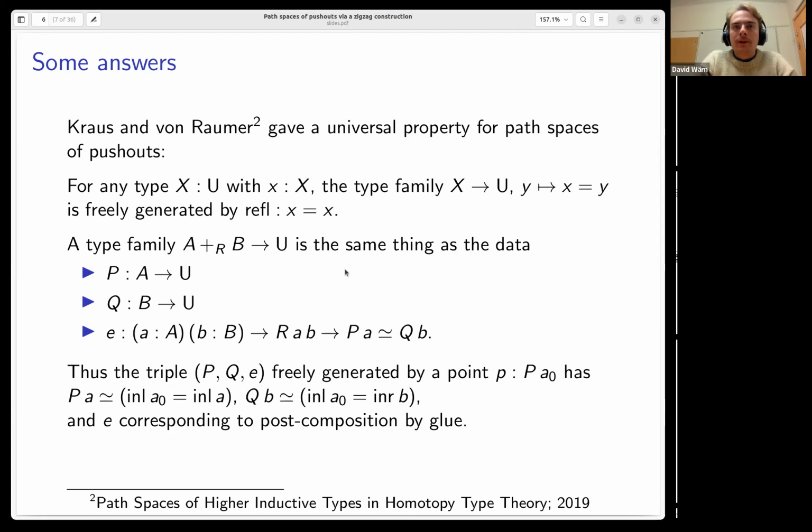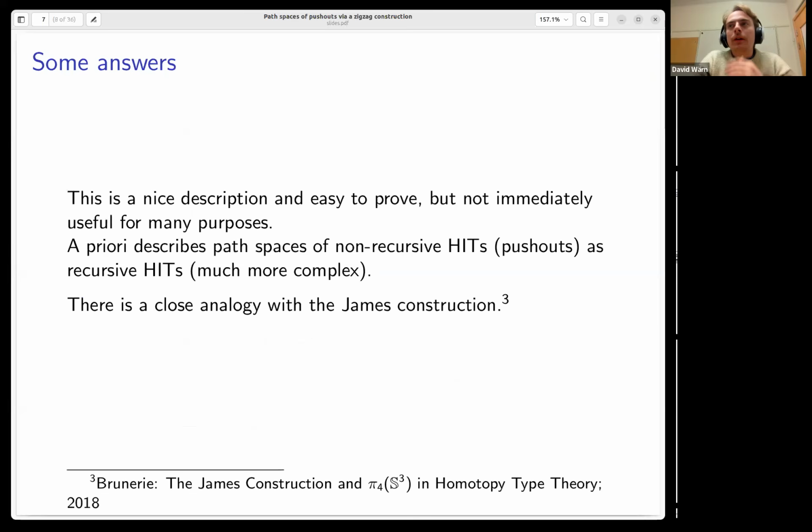And in this picture, P and Q correspond to these identity types, and E corresponds to post-composition by this glue path constructor. So this is a very nice description, and it's easy to prove, and you can do a lot with it.